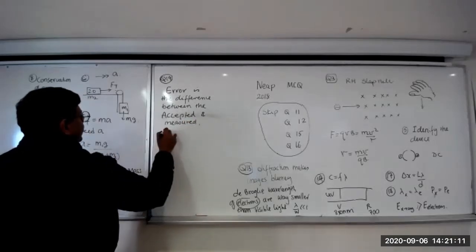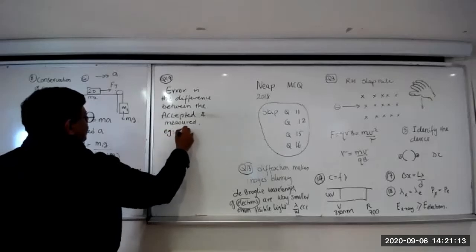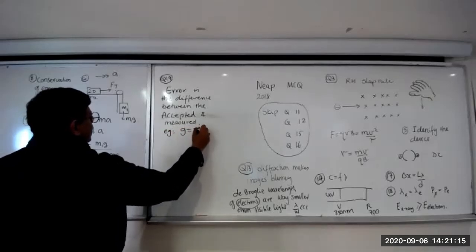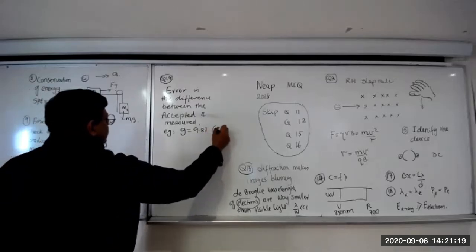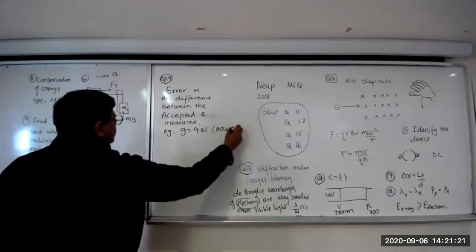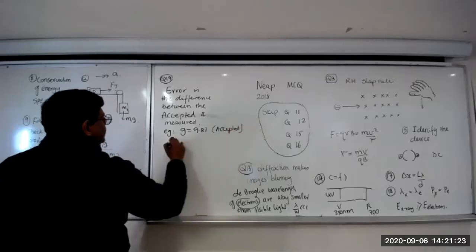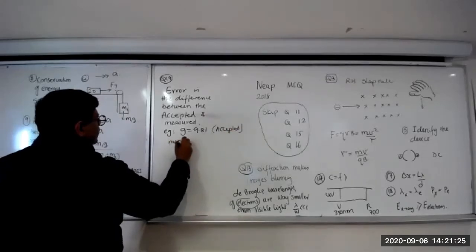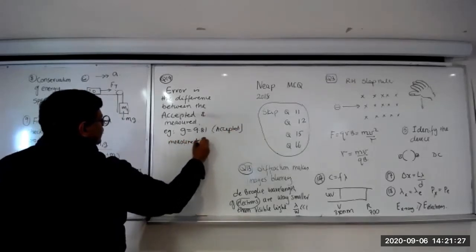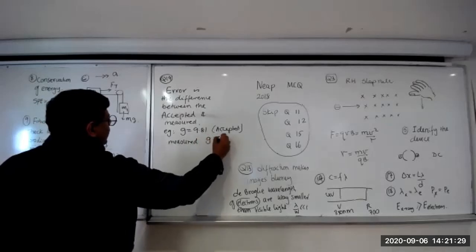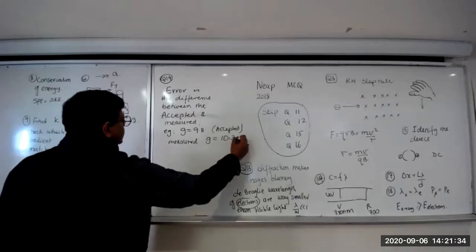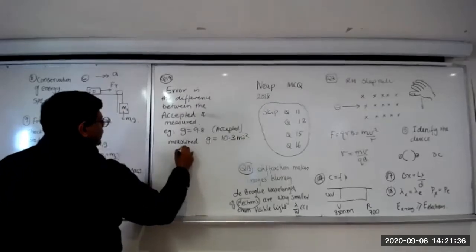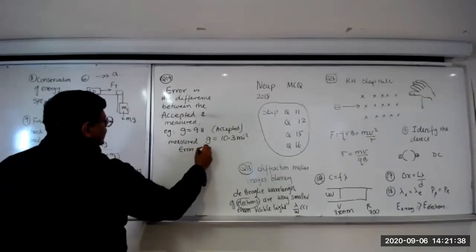So say for example, your expected value for g is 9.81. So this is the accepted value. The measured value, say, 10.3 meters per second squared. So your error is the difference.